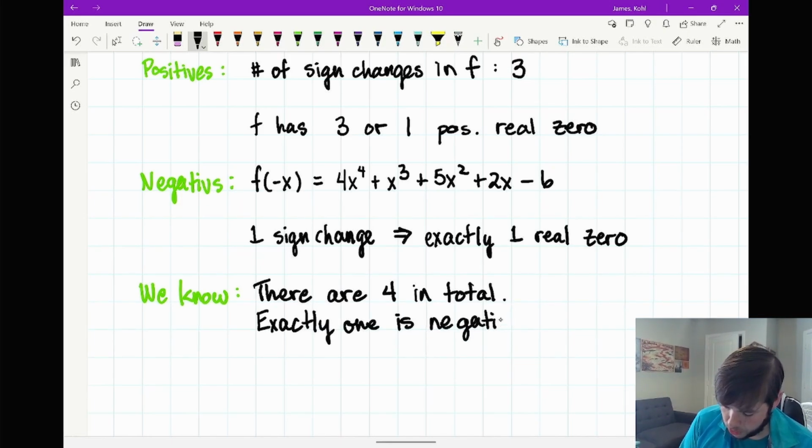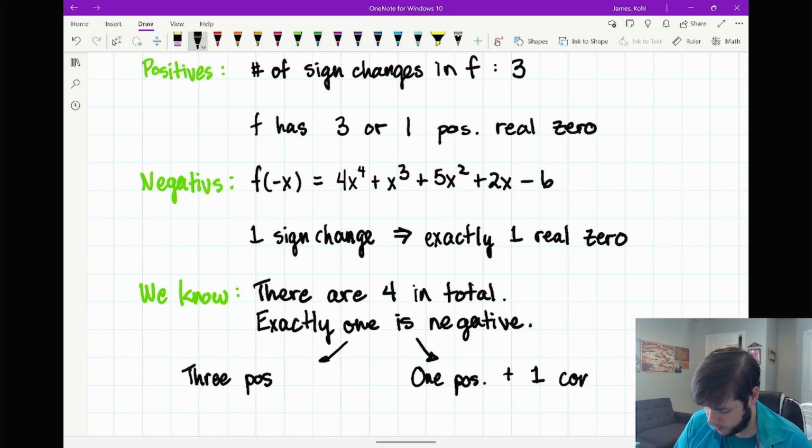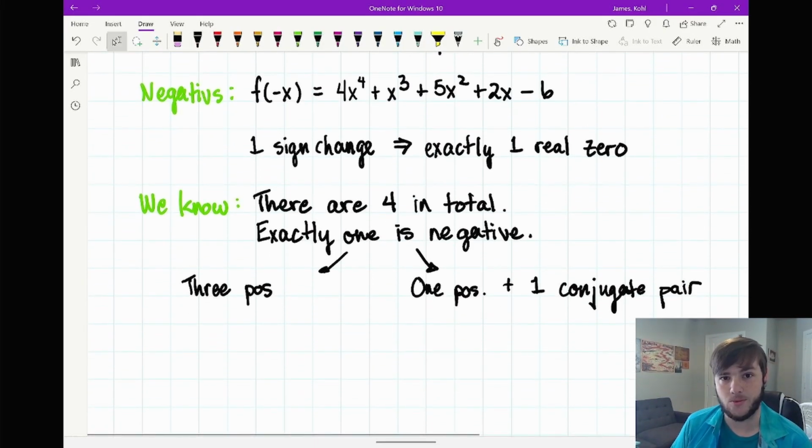But there are actually two cases from here that we don't have enough information to determine without doing some further analysis. One case is that there are 3 positive. The other case is that there's 1 positive, and then the other 2 are a conjugate pair. Remember, Descartes' rule of signs only tells us info about real zeros, not necessarily complex ones.